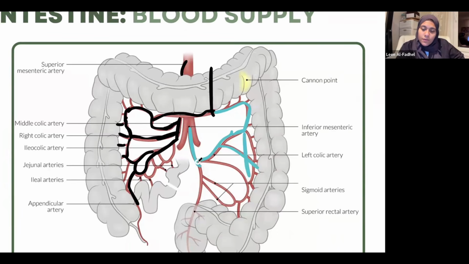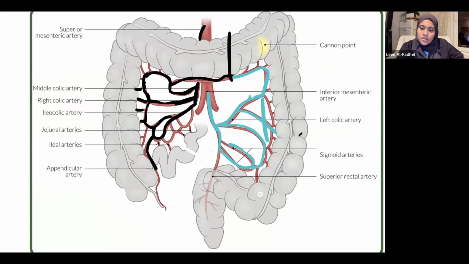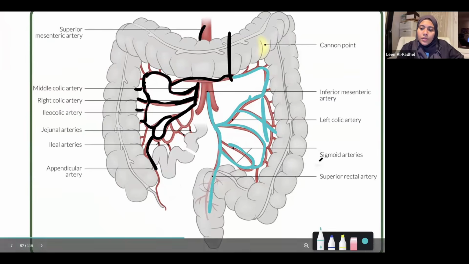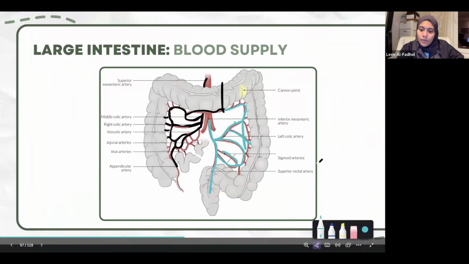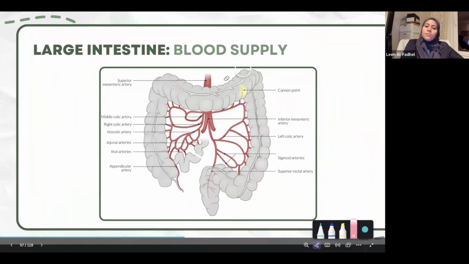And the inferior mesenteric artery will give off other branches, the sigmoid arteries, which will supply the sigmoid colon, right over here. All of them will anastomose together to create a collateral pathway. And then eventually the inferior mesenteric artery will continue down as the superior rectal artery. Okay? This is all blood supply in a nutshell.